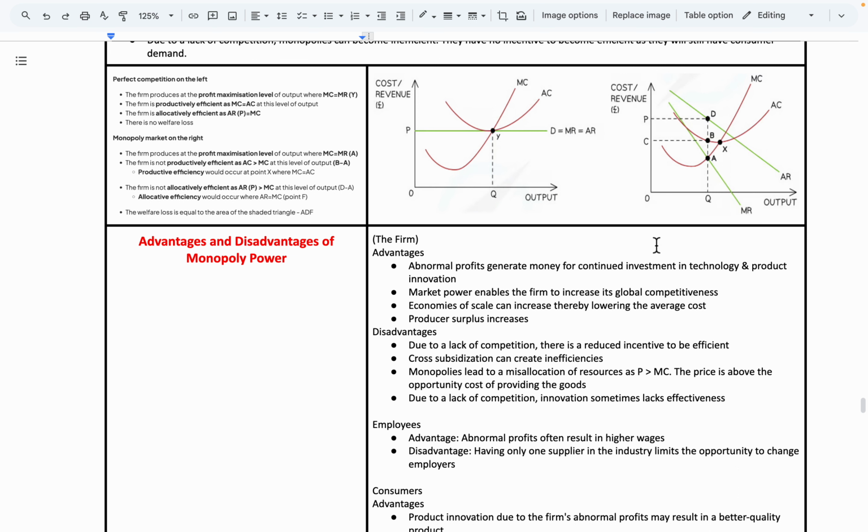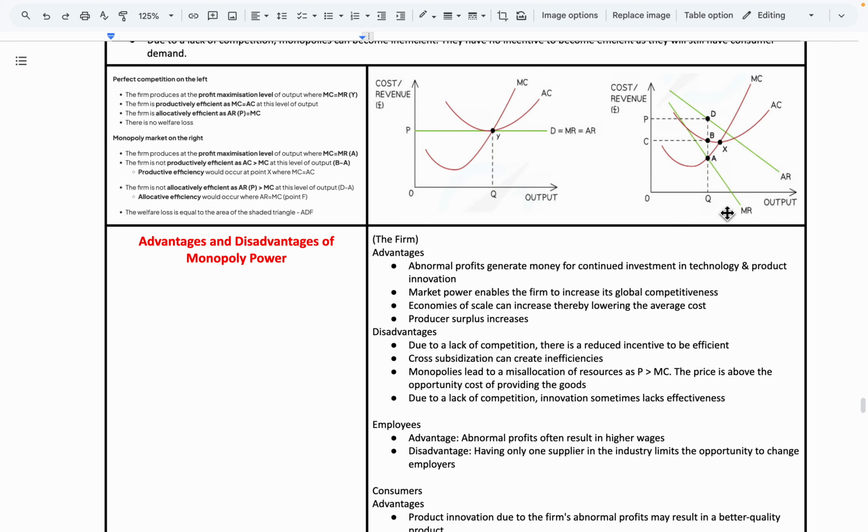Okay, good. And monopoly, the profit maximization level, again, is MC equals MR. And the firm is not productively efficient, excuse me, it's not productively efficient because AC is greater than MC.